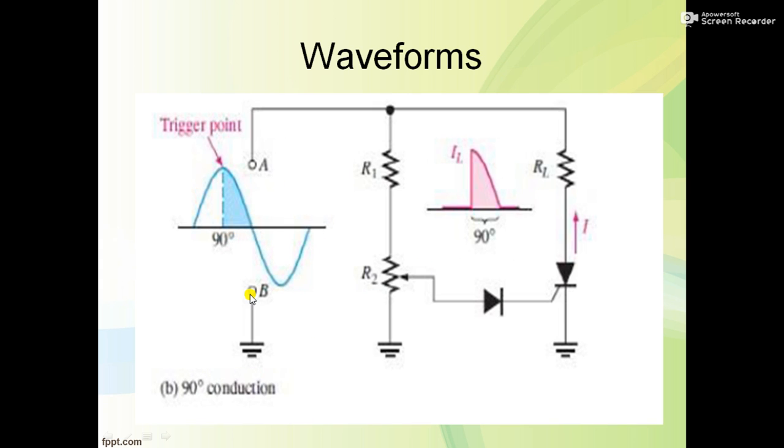Another example. I am considering 90-degree phase shift conduction. 90 degrees means that within the positive half cycle, at the half portion of the positive half cycle of the AC input signal, this is your triggering point.